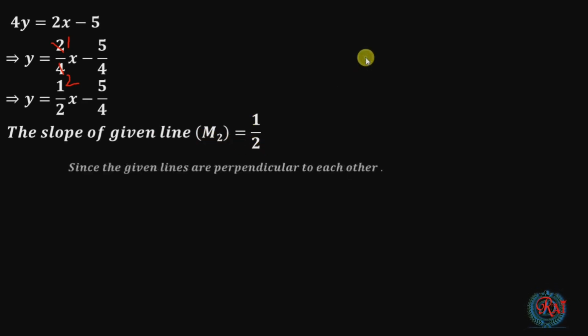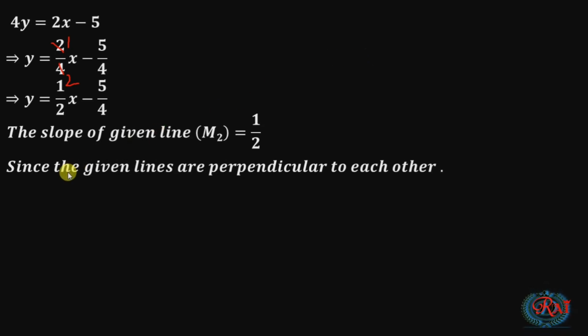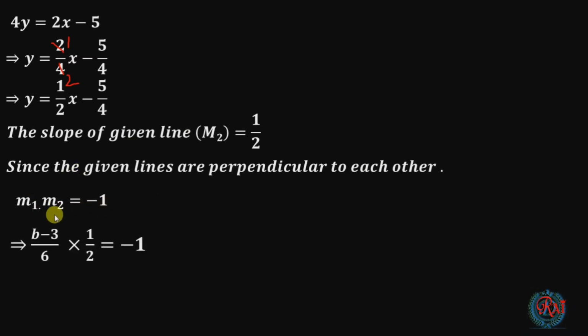And according to the question, our given lines are perpendicular to each other, that is m1 into m2 is equal to minus 1. The value of m1 is (b minus 3) divided by 6, into m2 which is 1 by 2, is equal to minus 1.